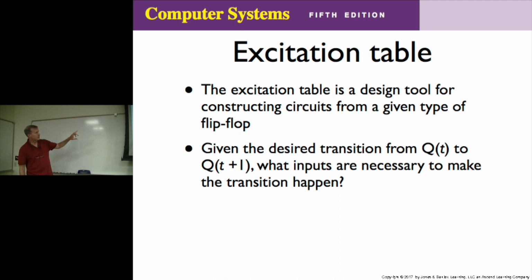So, according to this slide, the excitation table is a design tool for constructing circuits from a given type of flip-flop. In order to build a flip-flop, we want it to behave a certain way. In other words, we want to specify the transition from Q at time t to Q at time t plus 1.